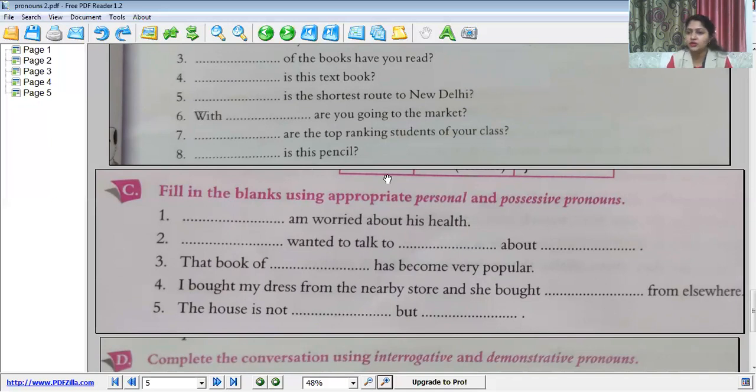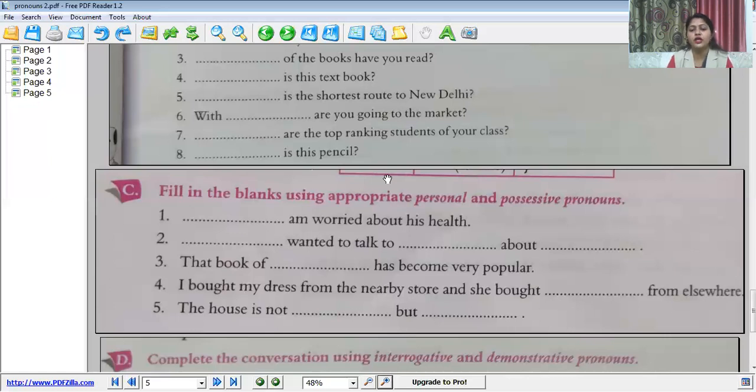Now when I'm talking about she, we will use hers. Okay, children? Now, last sentence. The house is not dash but dash. The house is not his but mine. The house is not hers but mine. Got it, children? So you understood how you'll use personal and possessive pronouns.